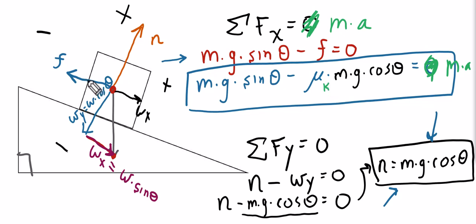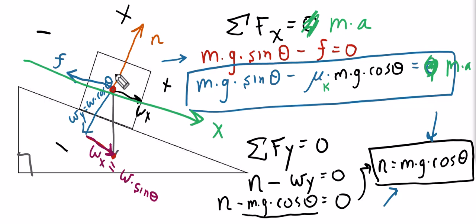Consider that if this is second law, on what axis is this box accelerating? On what axis is this box moving left and right? It's moving left and right on the x-axis. The y-axis is not moving. In other words, this box is not jumping up and down. It's sliding down along the x-axis, which we've indicated to be in this direction. It is not sinking itself into the plane.